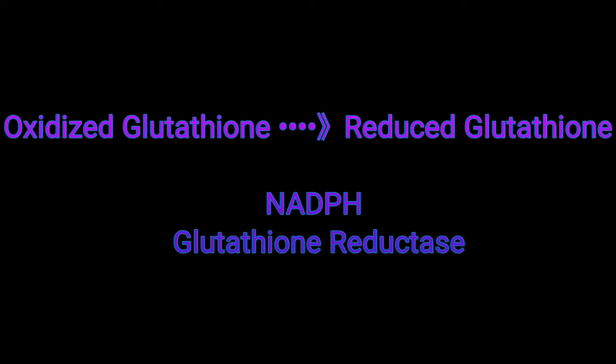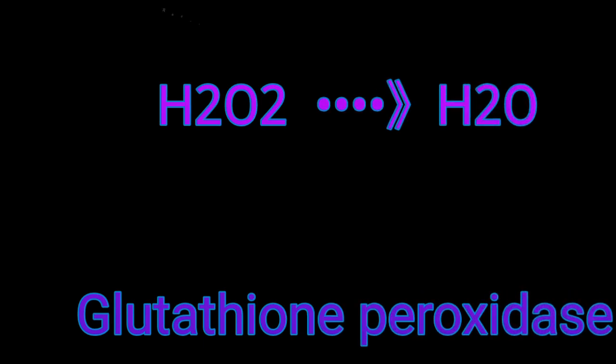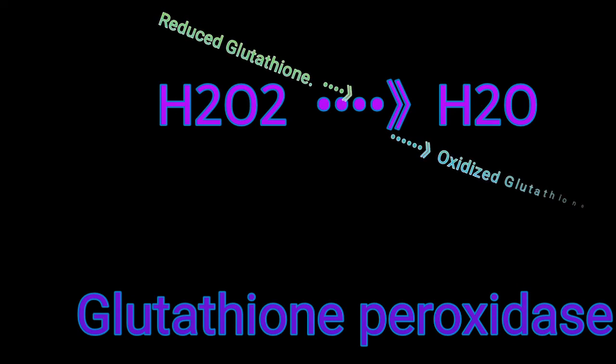Each time a molecule of hydrogen peroxide is detoxified or converted to water, a molecule of glutathione is used up by glutathione peroxidase. It is noteworthy that glutathione peroxidase is especially important for red blood cells, which have high oxygen concentrations that will spontaneously produce high amounts of hydrogen peroxide.